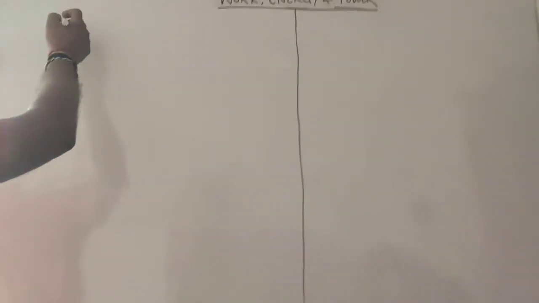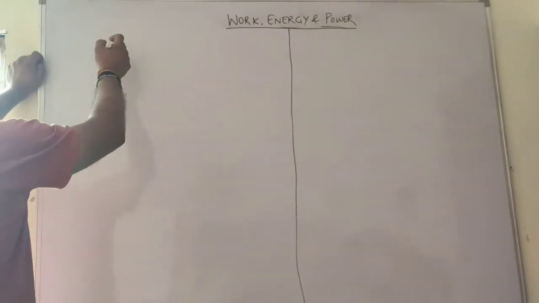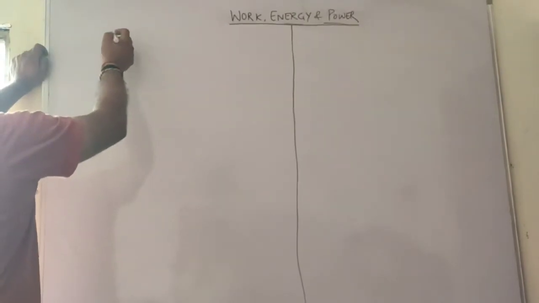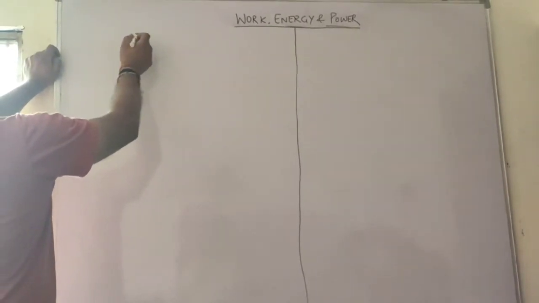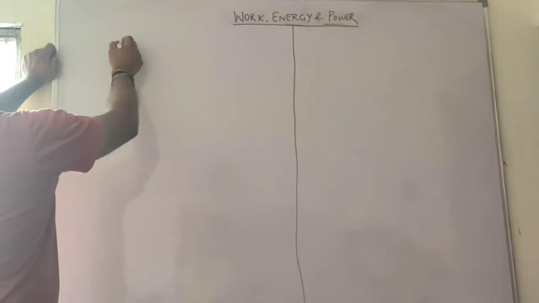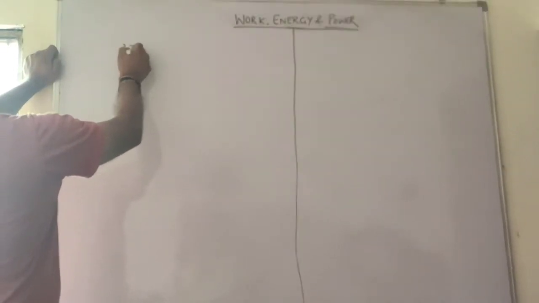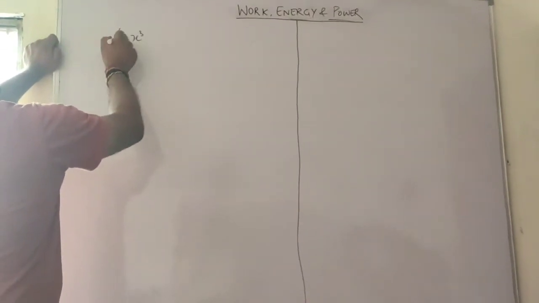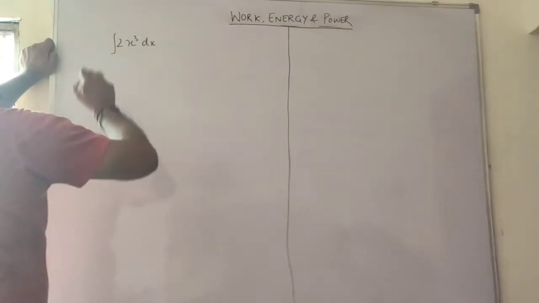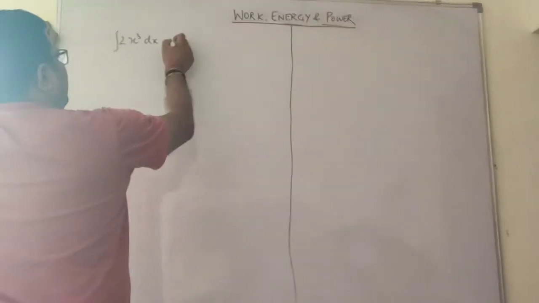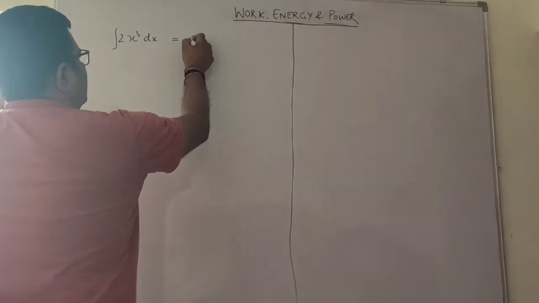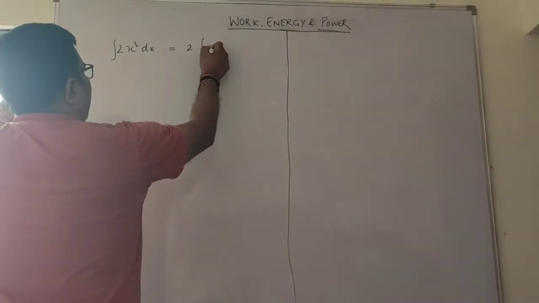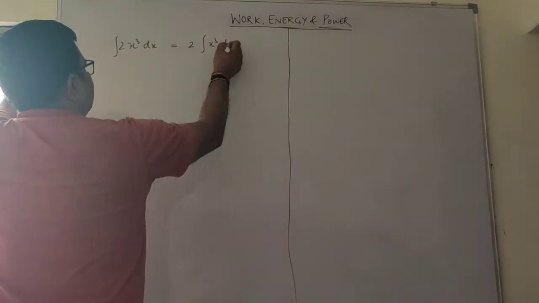Now, in integration, if you have 2x power 3 and you want to integrate, then 2 is a constant taken outside, and you integrate x cube dx.